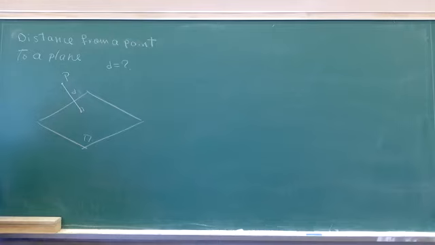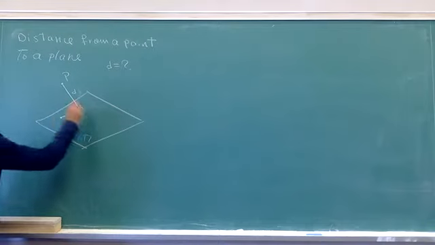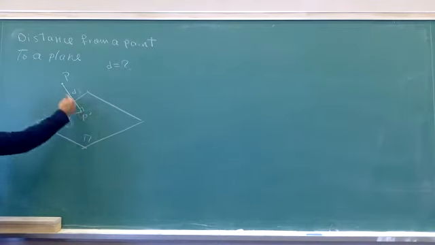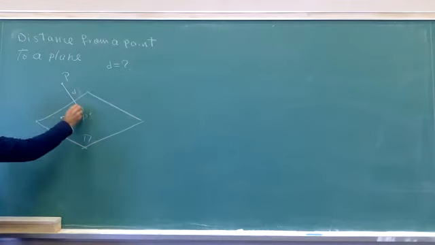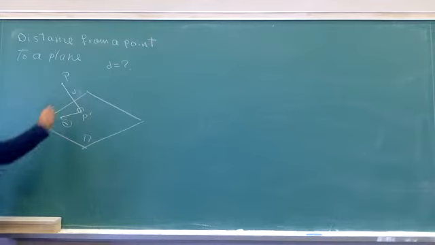Okay, so how can we approach this question now? Let's take a point like Q on the plane, right? And then this line, let's call this P prime. This line is also orthogonal. I mean, for all points Q in the plane, this line QP prime is orthogonal to this line, right? So this is also 90 degrees.